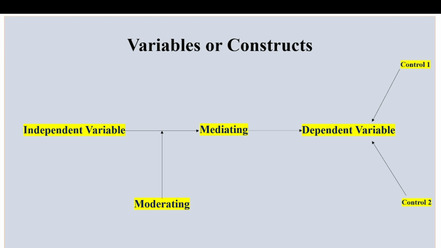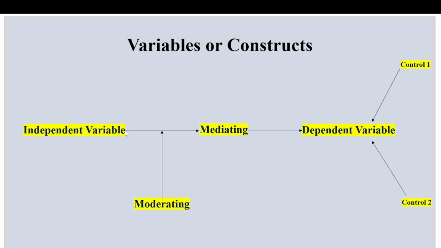Previously, we were labeling these variables as independent variable and dependent variable, but now we no longer label them like that; we label them based on the understanding of exogenous and endogenous. Now what is exogenous and endogenous? Where the arrow begins, this is known as exogenous. In the case of independent variable and mediation, the arrow starts from independent variable and ends on the dependent variable.